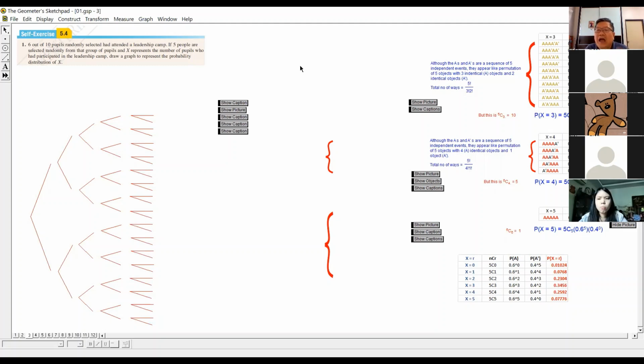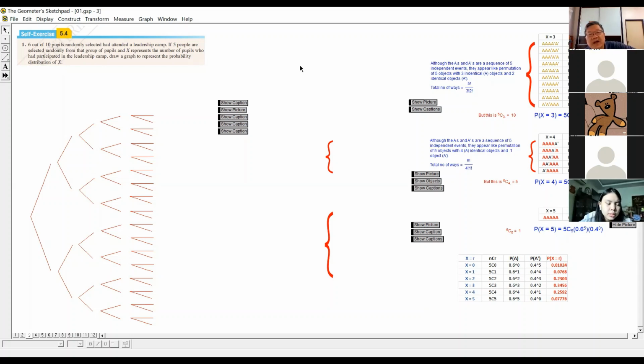How many times is this Bernoulli's trial repeated? How many times can you tell me? You read the question and see how many times this selection of pupils who attended the leadership course is done. How many pupils are chosen?